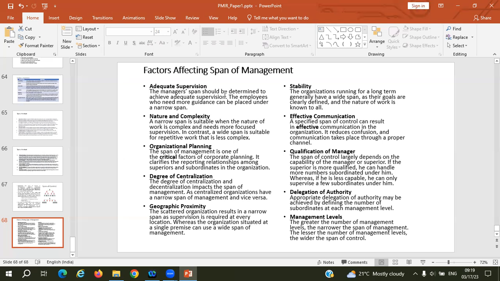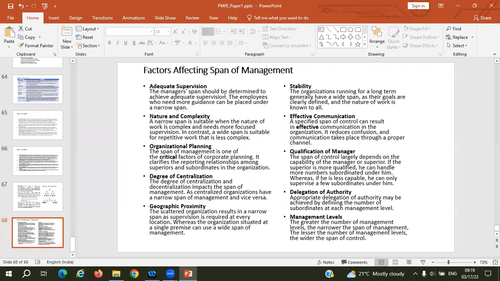Suppose you say you can manage 15 people, or you can manage only 5 people, because those 5 require more control, more supervision, more attention. So you cannot take more than those 5 people.